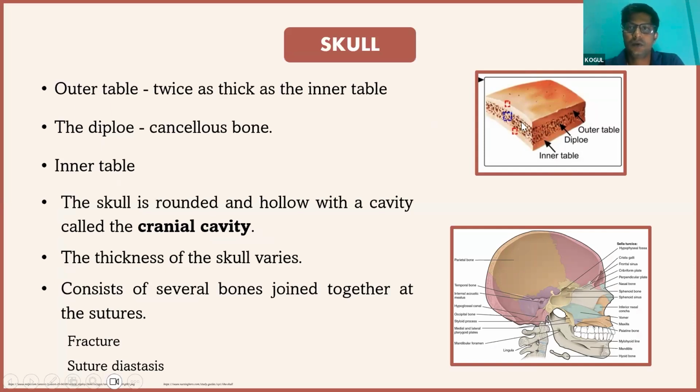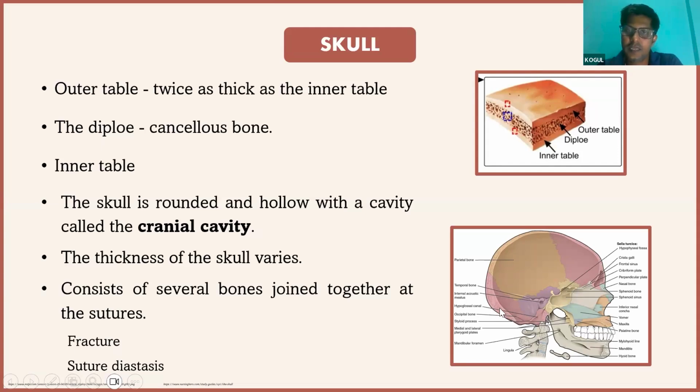When a fracture occurs, emissary veins usually pass through the diploe area, so it can bleed. Even in the same person there are different thicknesses of skull bone: in the temporal area you have thin skull bone, and in the occipital area you get thick skull bone. Most of the time the fracture occurs in the thin part.